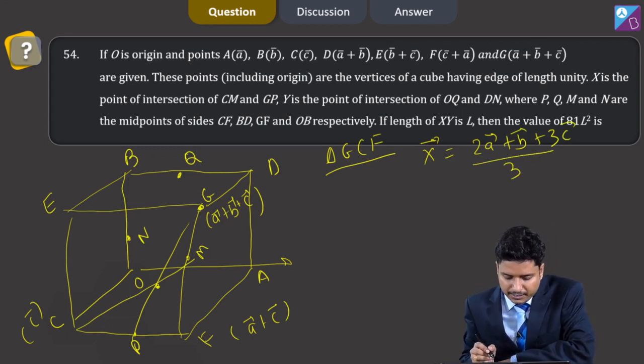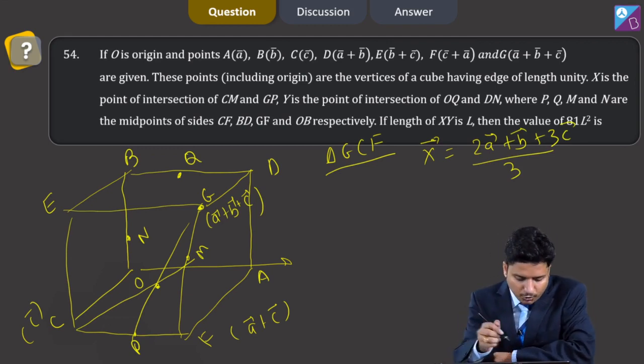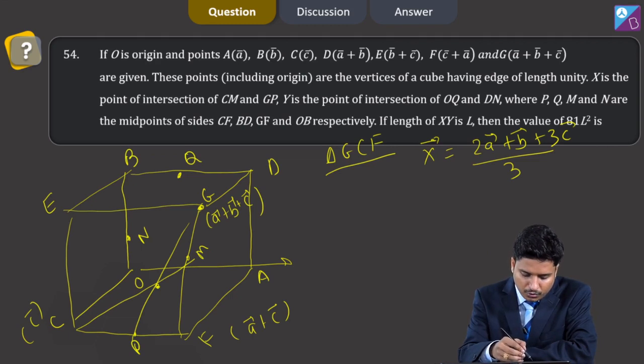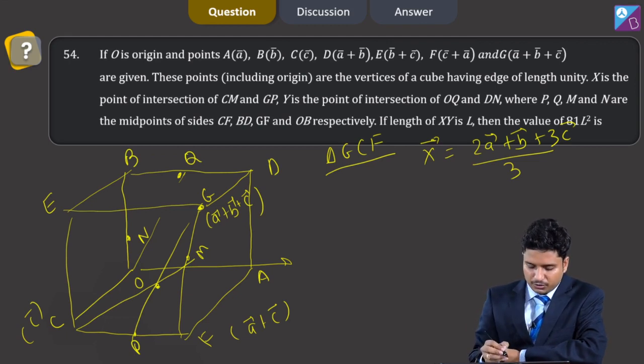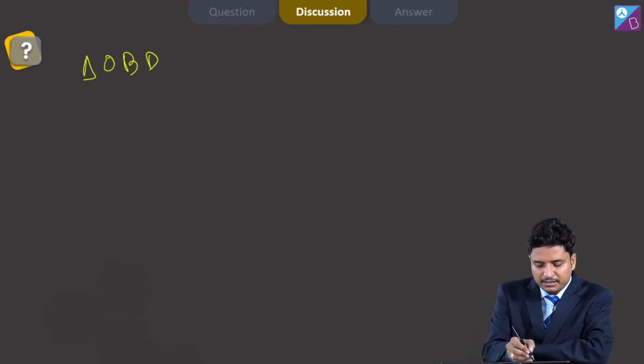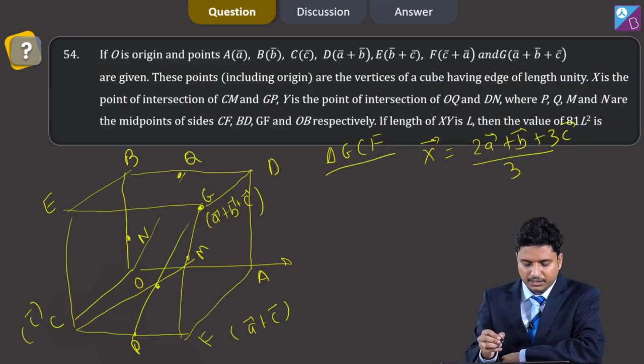Similarly for Y, this is the point of intersection of OQ and DN. This is your OQ, and DN is this. If we consider triangle OBD, Y will again be a centroid, the point of intersection of medians.